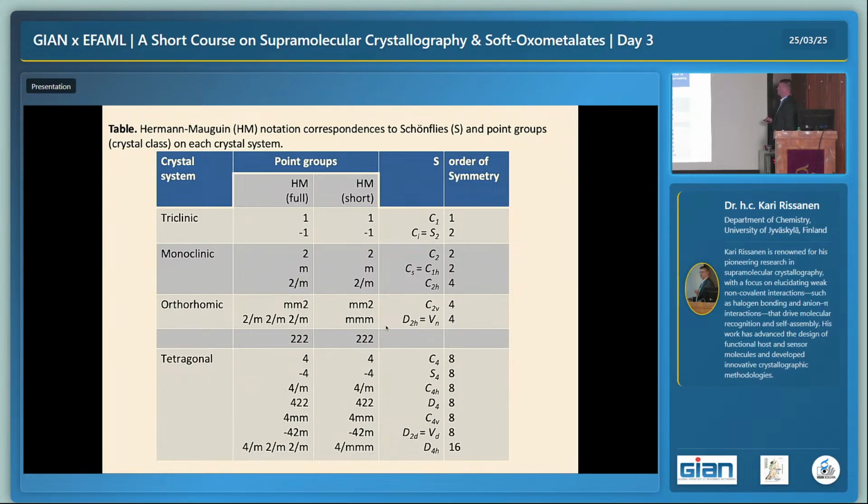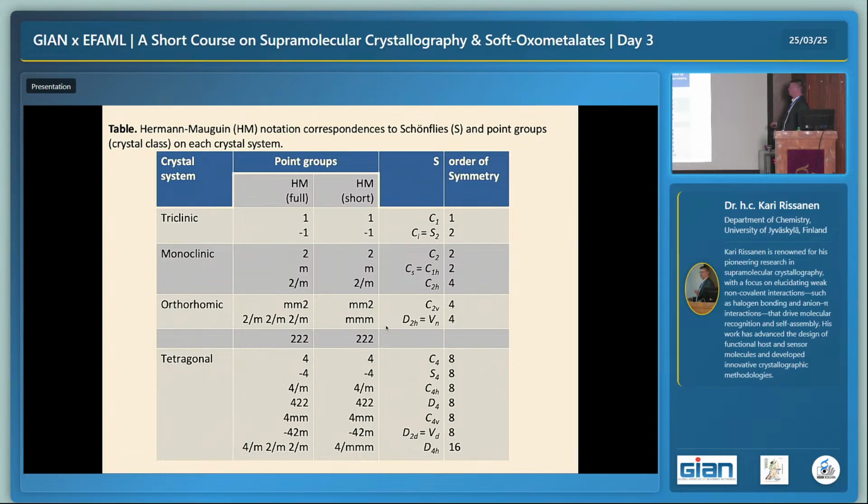So the center of inversion can be there. Now in the monoclinic system, we can have a twofold axis, a mirror, and a combination of these two, 2/m symmetry. These are the possibilities we have in the monoclinic system as point groups.